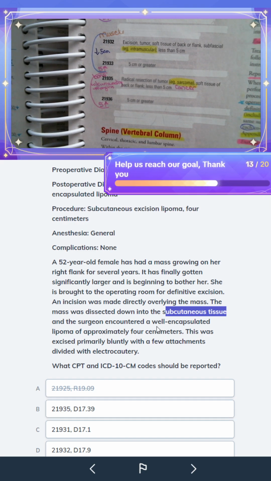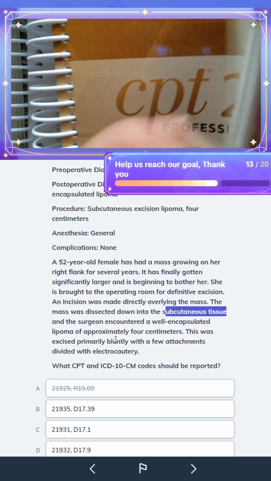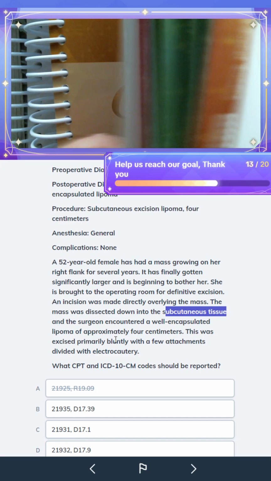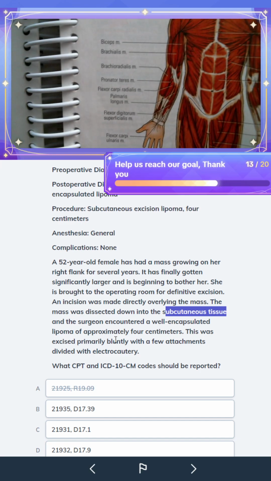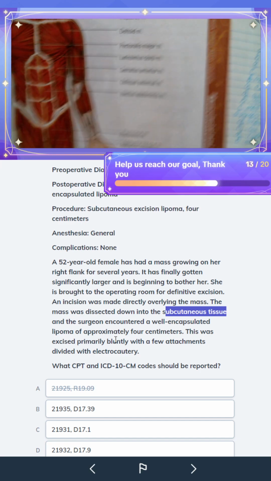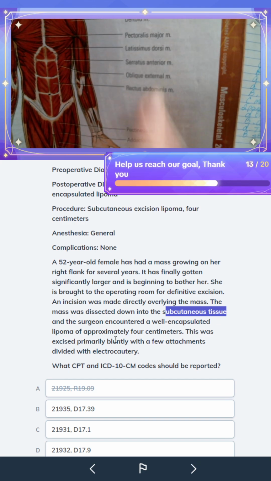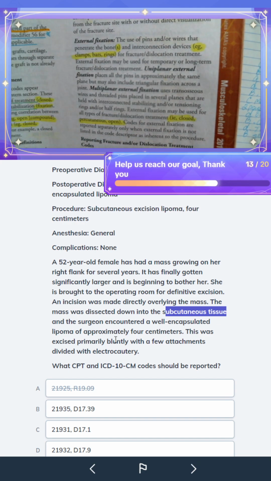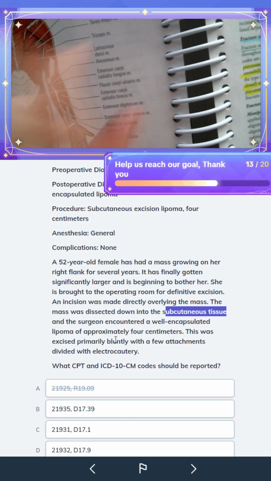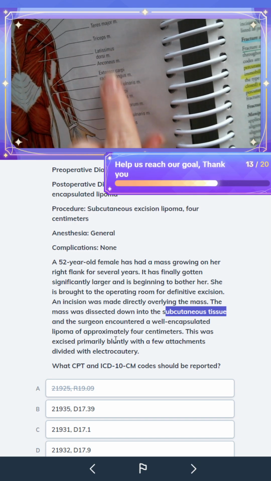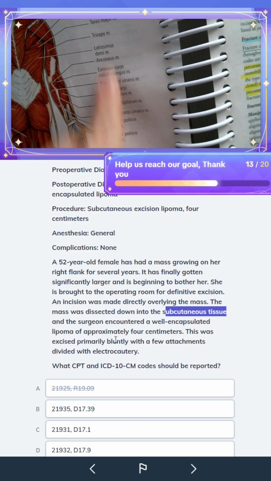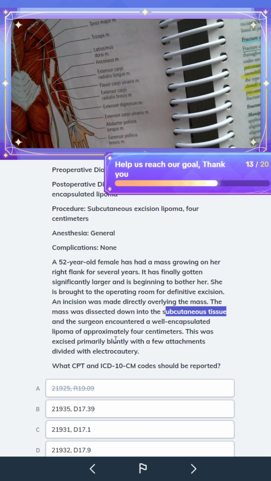Do we see any words in here that mean a bone was hit? Words that you might want to look for to see if it is muscle are on our muscle page right here. It would be anything that says minor, major, dorsal, anterior, exterior, trace, any of these kinds of words, that would mean we went into the muscle.